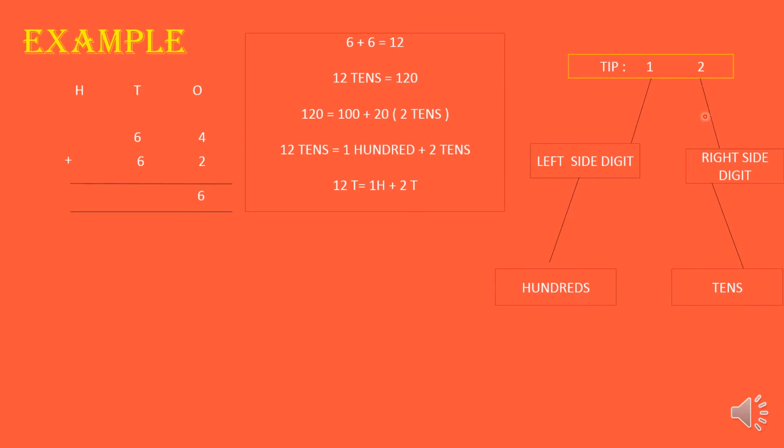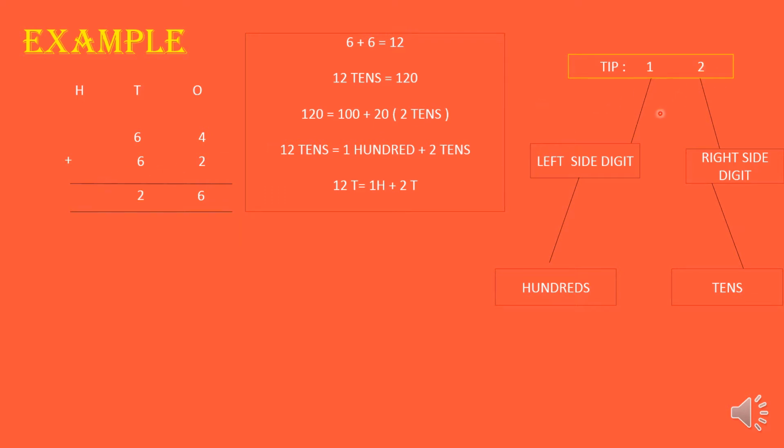Right side, left side, all the time right side digit will be under tens column. Okay, always left side digit will go up for carry over, or will be under hundreds column. Okay, this is a simple tip. So I'm writing now 2 under tens column.